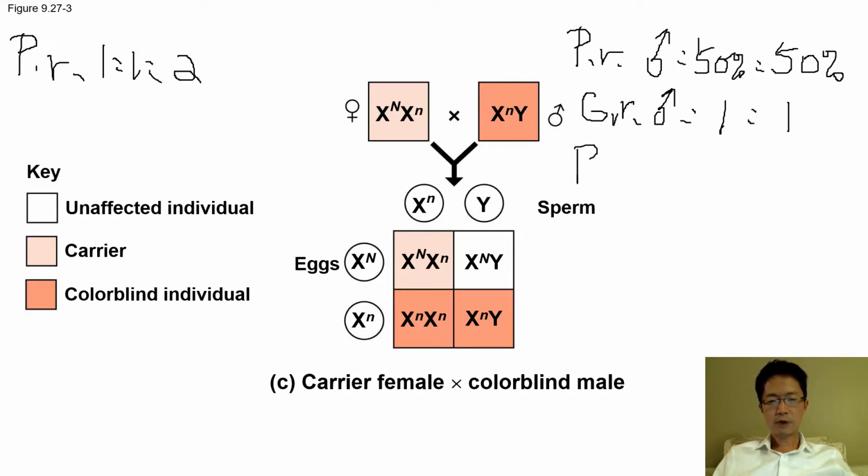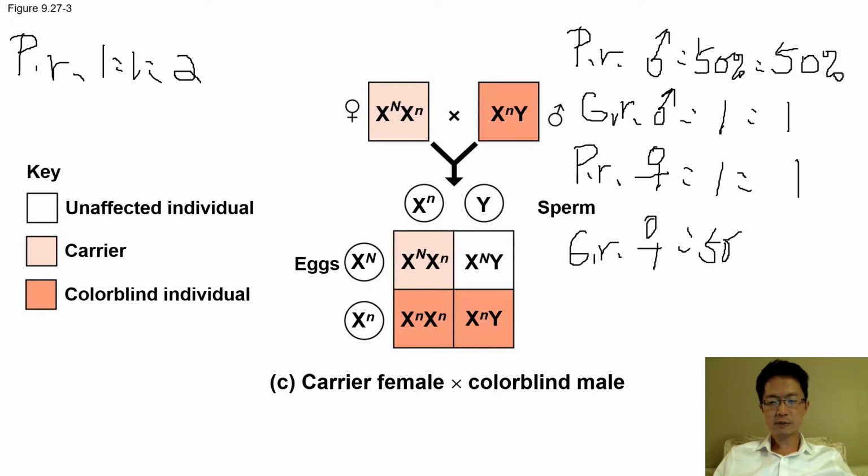The phenotypic ratio for girls is the same thing, 1 to 1. The genotypic ratio for girls is the same, 50-50%.